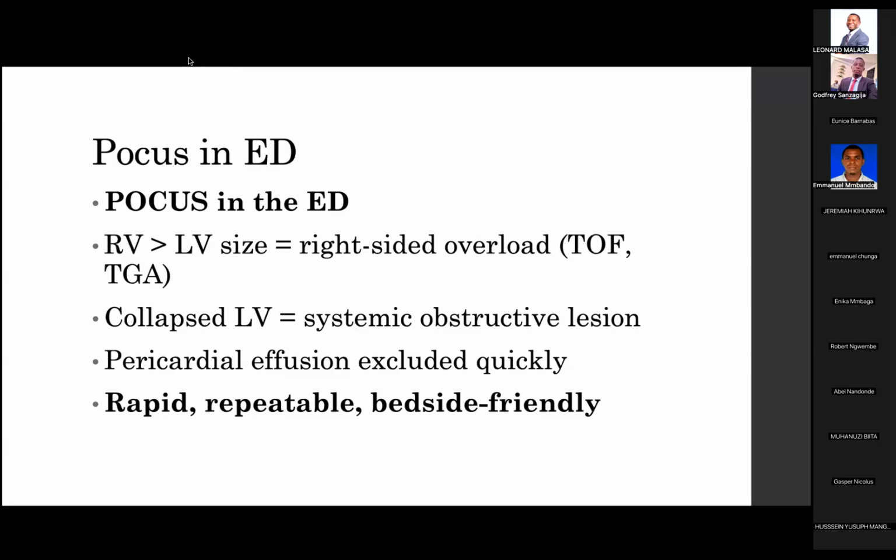Now you're thinking of TOF, transposition of the great arteries, and those cyanotic lesions, okay? If the LV is collapsed, then you think about systemic obstructive lesions, right? Once you have ruled out shock and sepsis and whatnot. You can even see pericardial effusion when you can exclude them, and it's rapid, it's repeatable, and it's bedside friendly. So imagine doing an X-ray over and over every now and then. You can just pretty much use your ultrasound.